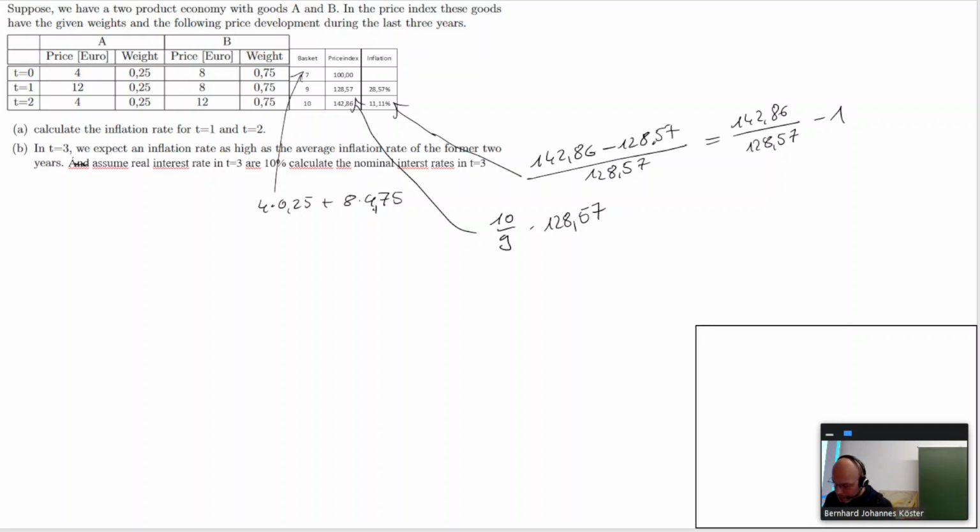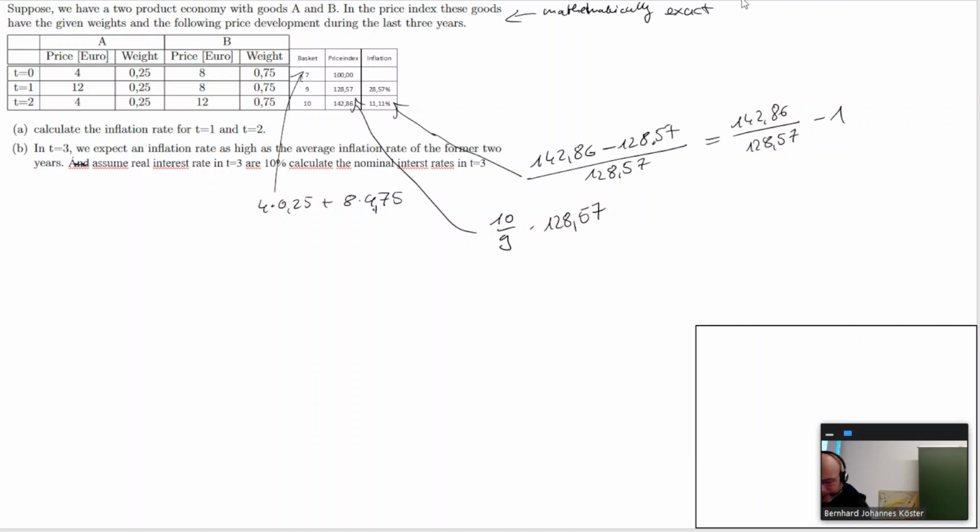And now we want to calculate the average inflation. And again, as I meant also at the other one, mathematically exact.